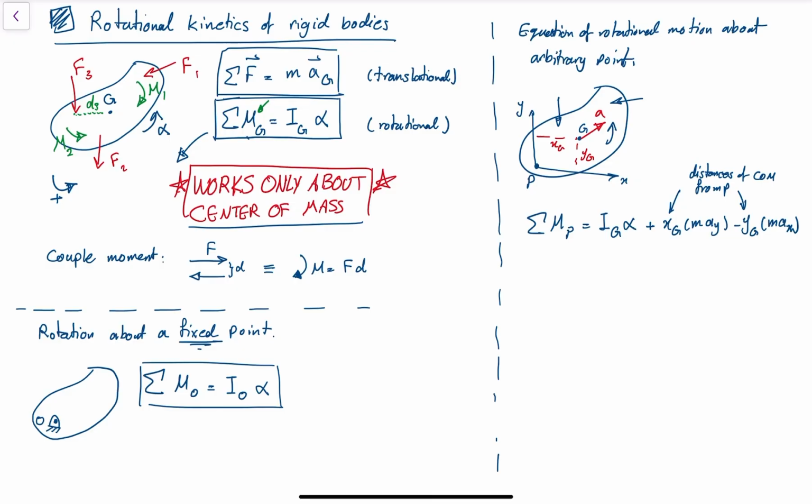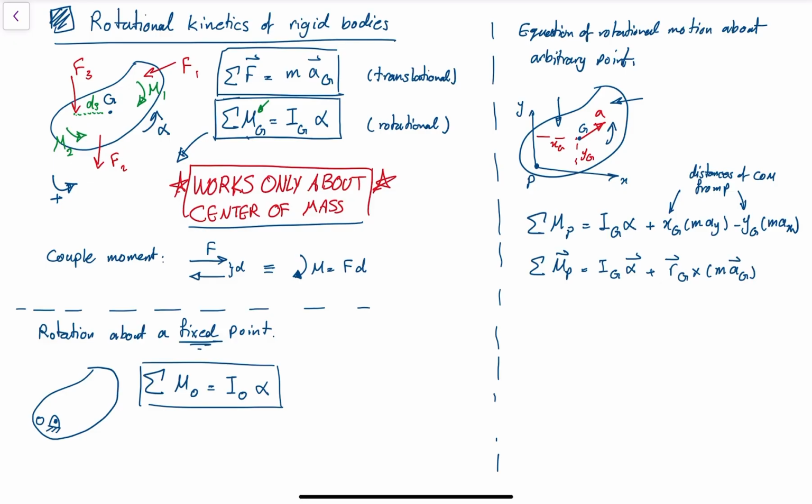If you want to think of it slightly better, remember I mentioned this equation is really a vector equation. An easier way to remember it is: moments, which are all rotational, so they are all about k or z, equal Ig times alpha, which is also about k, plus this r of G cross m aG.